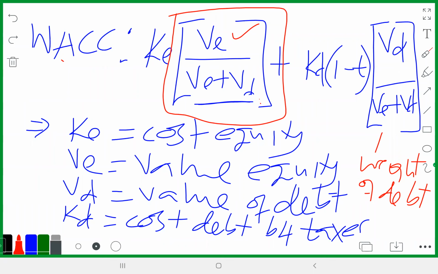Sir, on the formula, is it VD over VE plus VT, or is that VD? It's VD over VE plus VD, where VD is the value of debt. Yes, this is what is called the WACC, the weighted average cost of capital.